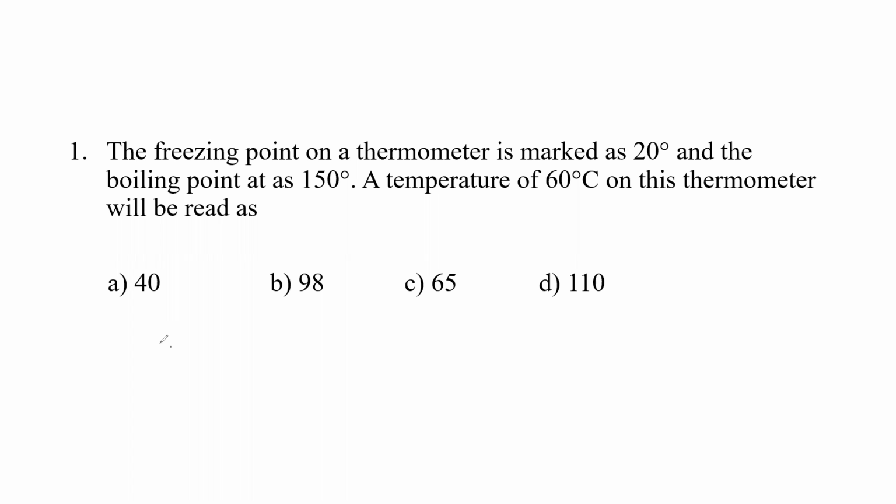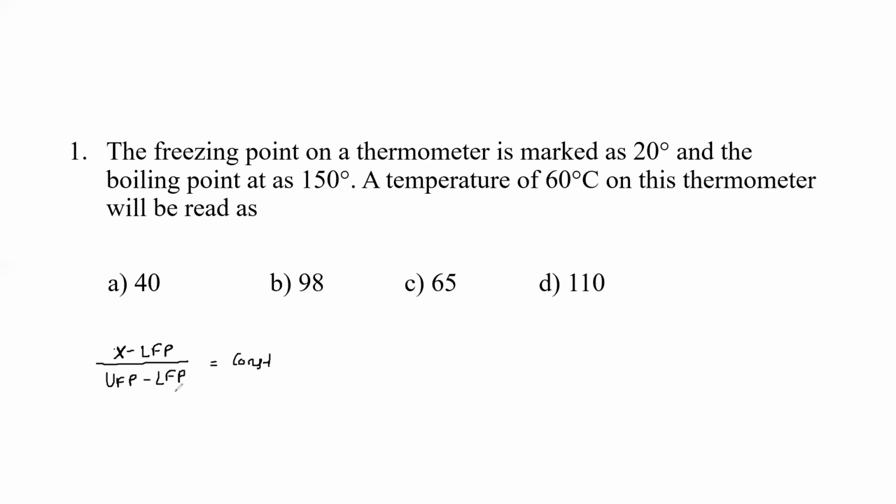So here we know the formula, that is the relation between temperature scales. It is given by x minus lower fixed point divided by upper fixed point minus lower fixed point is equal to what?